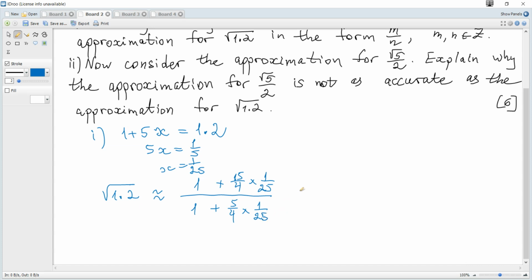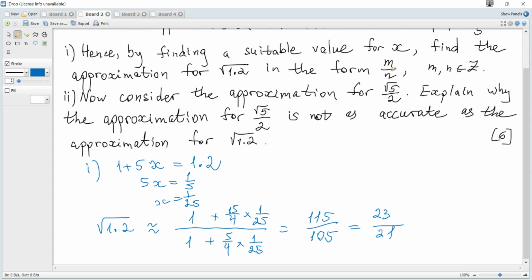Let's multiply each term in the numerator and denominator by 100 to get 115 divided by 105. We can divide by 5 to get 23 over 21, and it's in the required form.